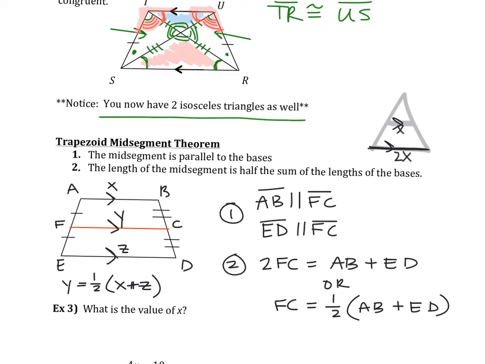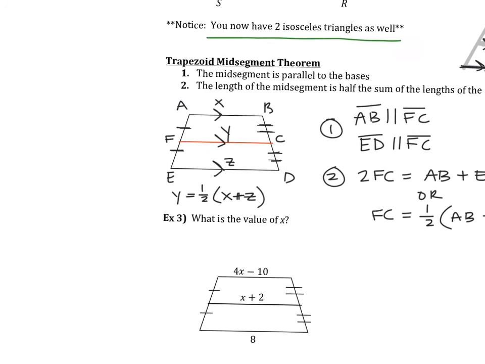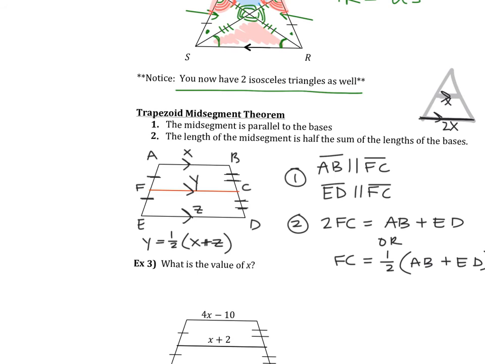Does that only happen on isosceles trapezoids? No, it can happen on any trapezoid. It just has to be that these two are the same and these two are the same, right? So this could be like, say this is 4 and 4, and this is 3 and 3.